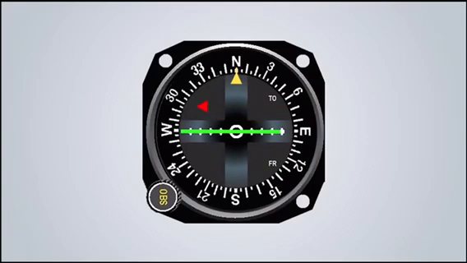In this case, the flag points straight to the left, and with the needle being centered, our heading to the station is exactly 270. To keep it simple, whenever you do not see the to/from flag, all you need to do is look at the CDI. Look in what direction it points, go straight from the center of the instrument to either left or right, wherever the needle is pointing, and that will become your direct heading to the station.